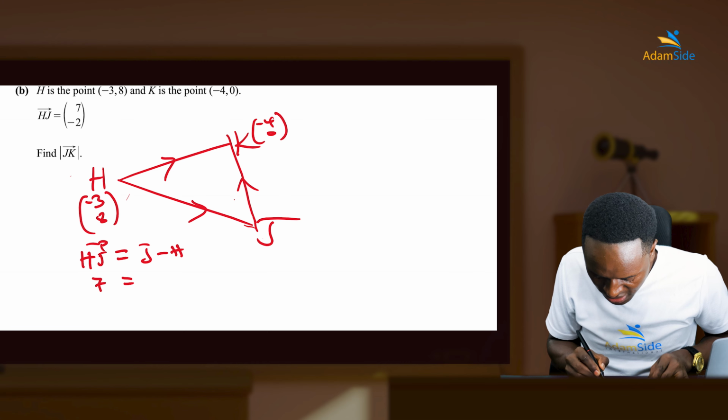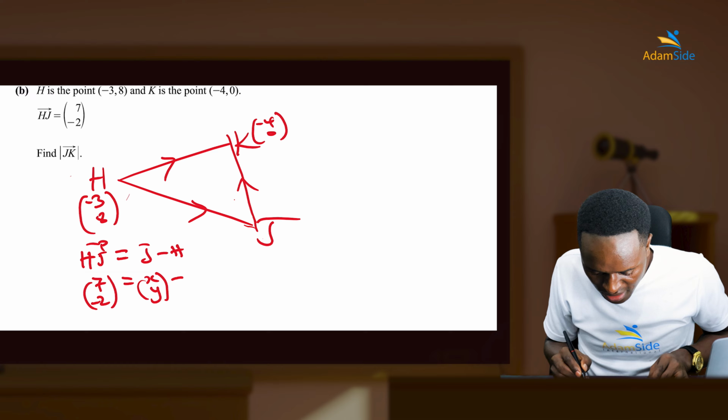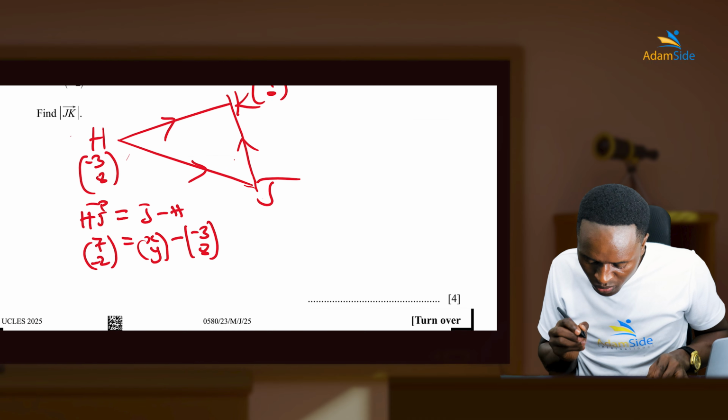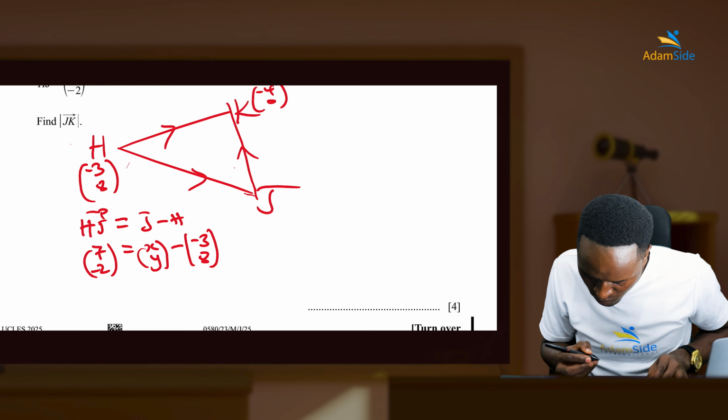Now let's take vector J minus H. HJ is (7, -2), which is equal to vector J, which is (x, y), minus H, which is (-3, 8). So what will be our vector J? That's what we need to find.